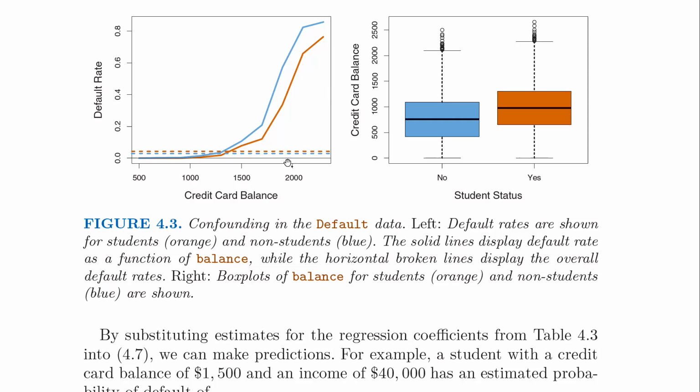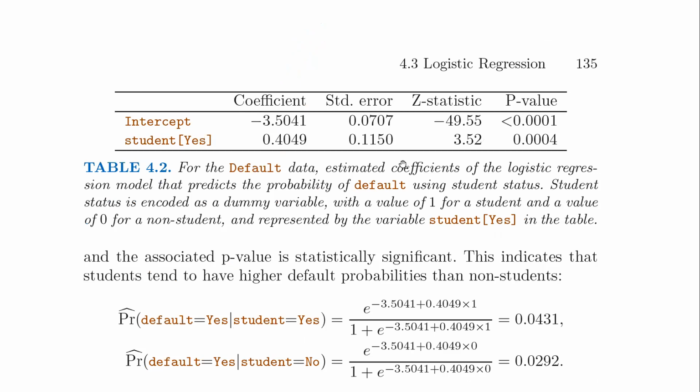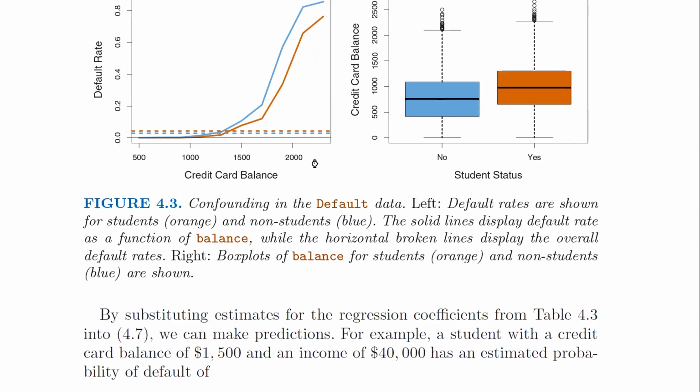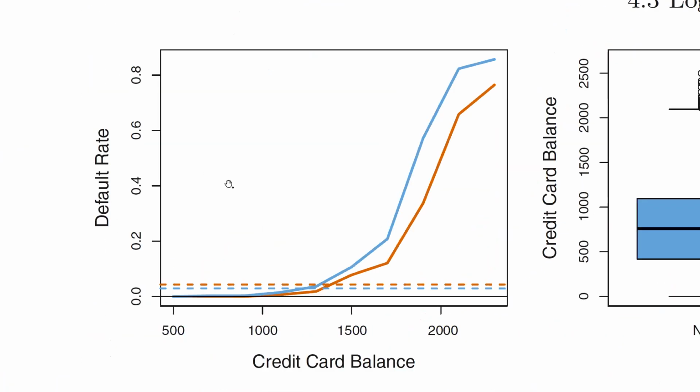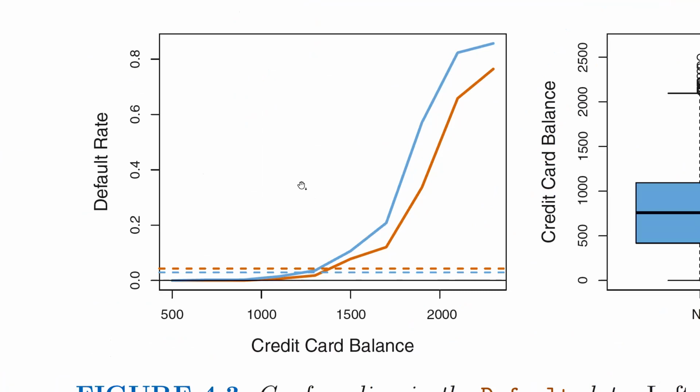But just very quickly, although when you're only looking at student as a predictor variable, you will get that students default at higher rates. This is default rate. So they don't pay their loans or they miss out on loan payments, excuse me.